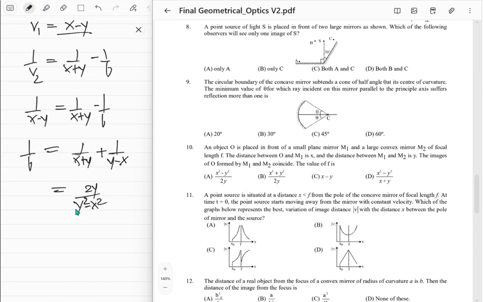Sorry, F is Y squared plus X squared upon 2. What am I doing today? So, that's unexpected. Convex mirror. Does it even matter in the end?